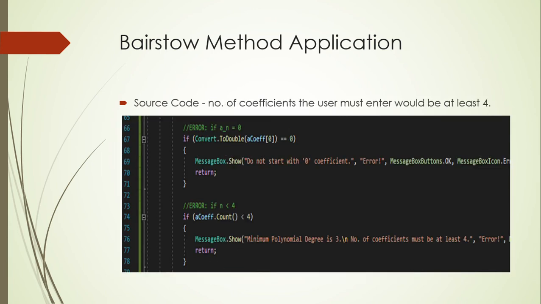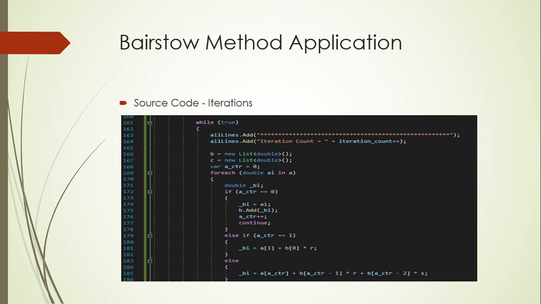The program will also ask for the initial values of r and s, as well as the absolute error. That is very important. And the decimal digits, so we have the base for calculation. Then once all the variables are entered, we can proceed to the iteration. So we have to click calculate, and it will go to the iteration, as we can see here.